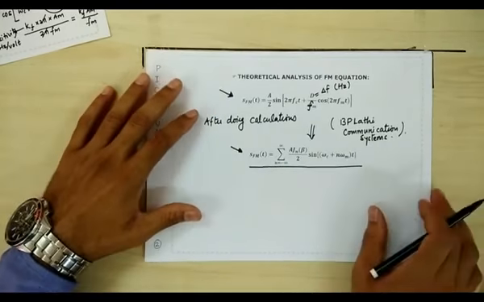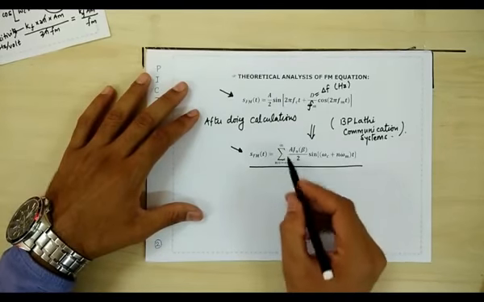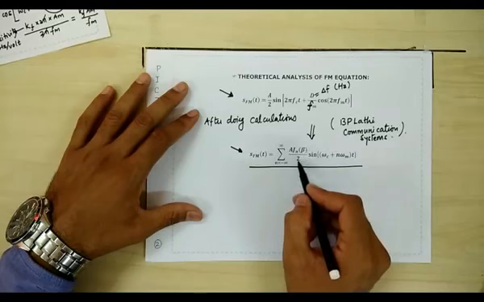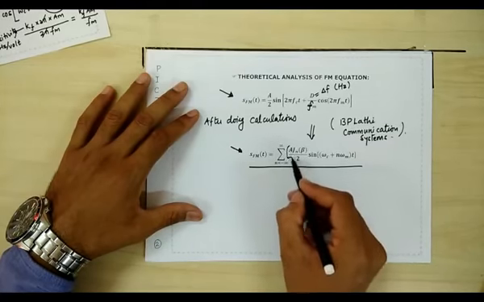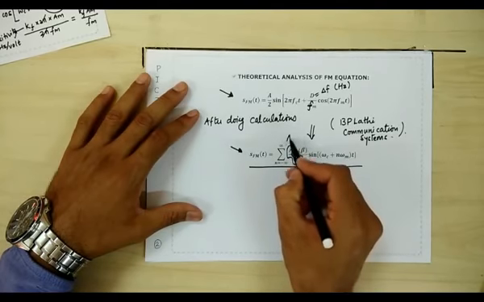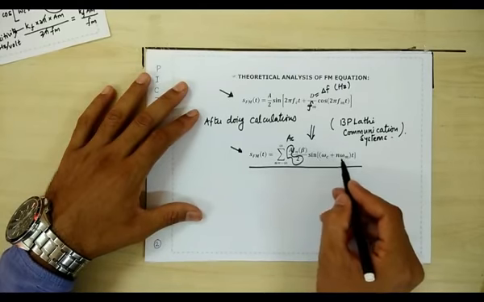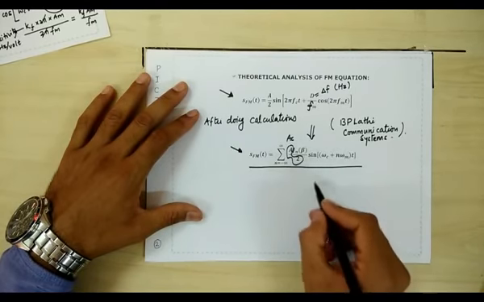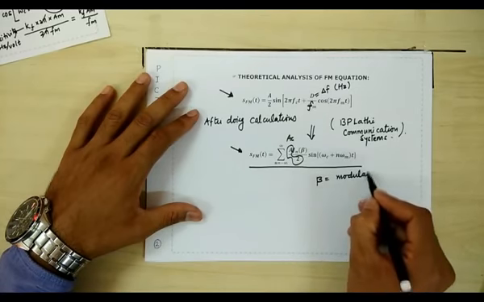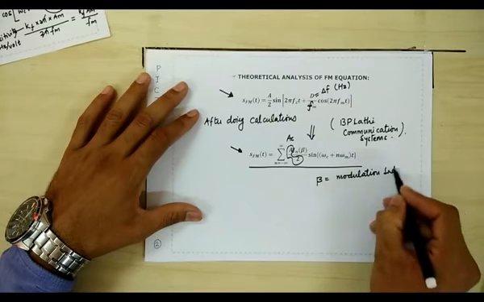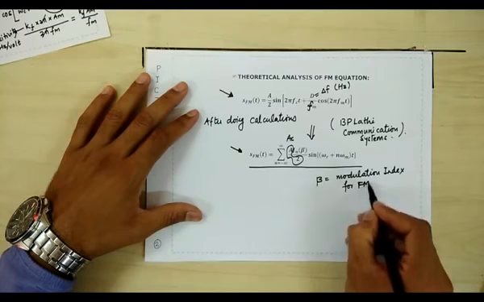We are going to do the analysis for this equation. This is basically the summation of A by 2 J n of beta sine of omega c plus n omega m t. It is Ac only; this A by 2 is Ac in our book. Here beta we call the modulation index for the FM signal.